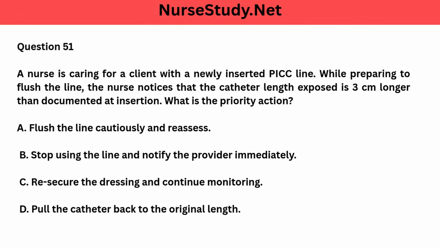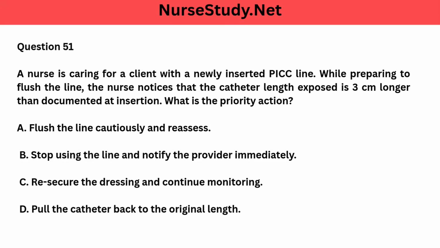Question 51. A nurse is caring for a client with a newly inserted PICC line. While preparing to flush the line, the nurse notices that the catheter length exposed is 3 centimeters longer than documented at insertion. What is the priority action? A. Flush the line cautiously and reassess. B. Stop using the line and notify the provider immediately.